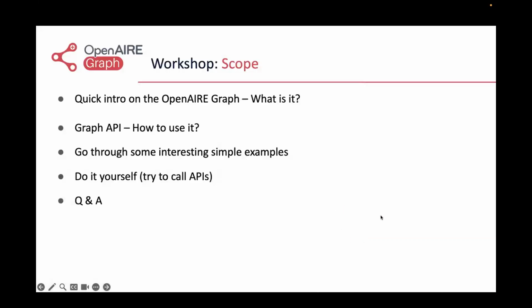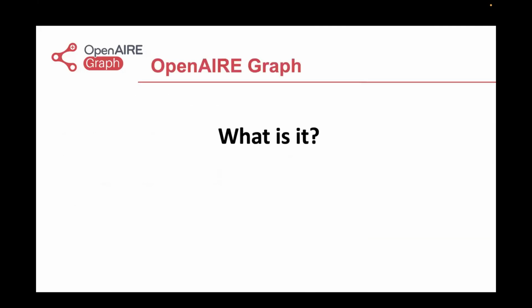Before diving into the examples and exercises, first I would like to give you an overview: what is the graph, and some basic concepts. Although I saw that you are familiar, some of you are not, so I think it's a good idea that everyone is on the same page. Just a brief overview.